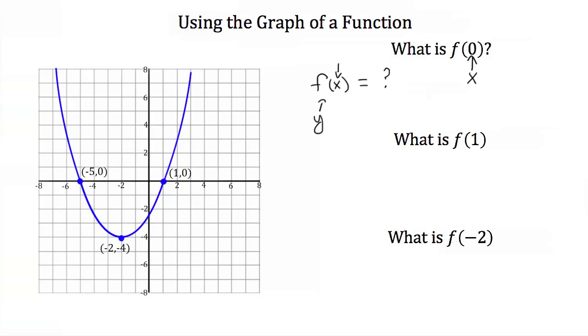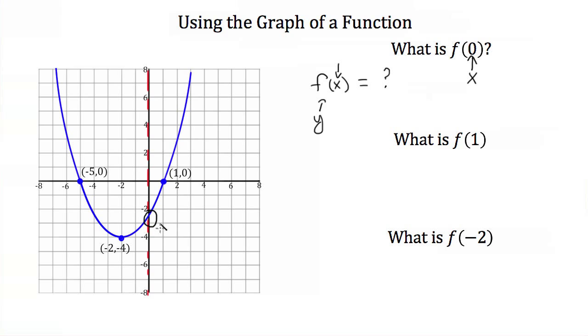So to find that, we go to where x is equal to 0, and that's at the origin, and then we trace a vertical line that passes through the origin. Every point on this vertical line has the x value of 0. Now we just need to find the point on this vertical line that has the same y value as our graph, and that's right here.